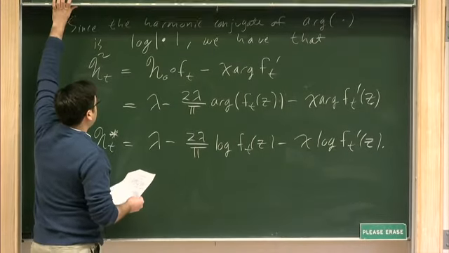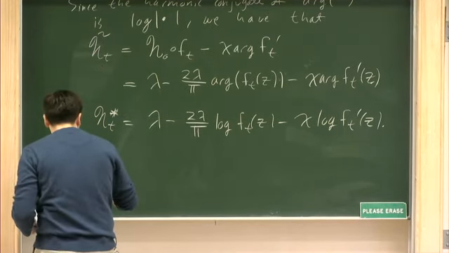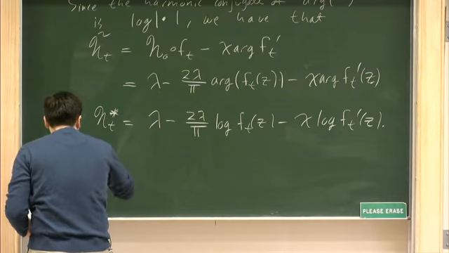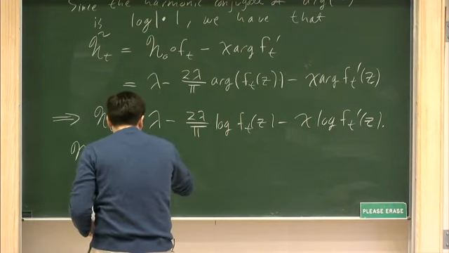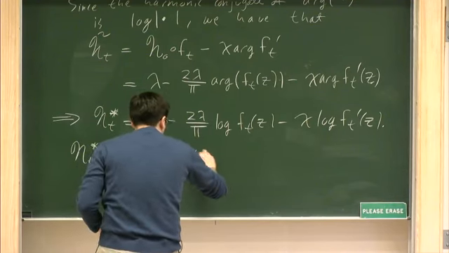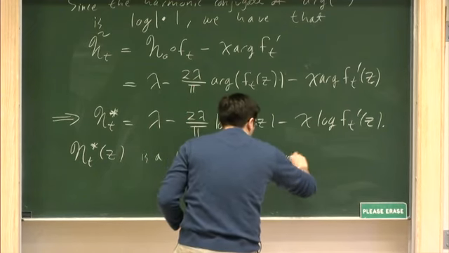All right, so now let's use this. First of all, what do we know? We know that this ht star of z is going to be a martingale in t for each z fixed.